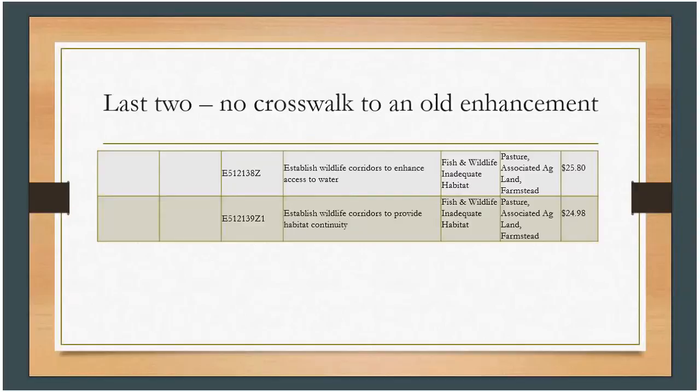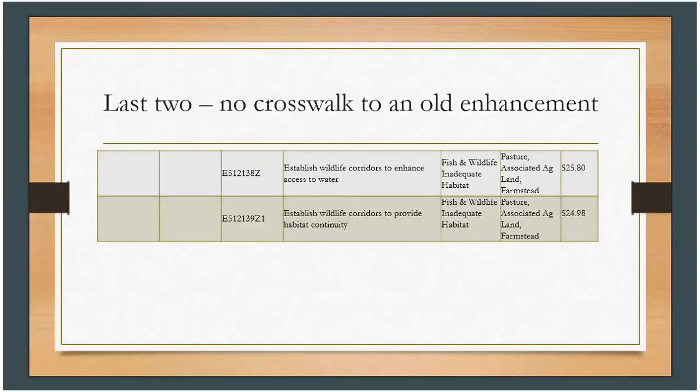The last two enhancements attached to 512 are ones that don't have an old enhancement to crosswalk to. These are just brand new. And they are to establish wildlife corridors to enhance access to water or habitat continuity. Okay, Renee, why don't you take these last two wildlife ones?